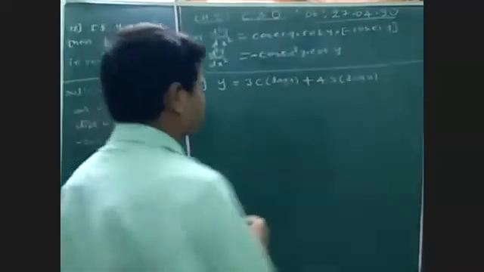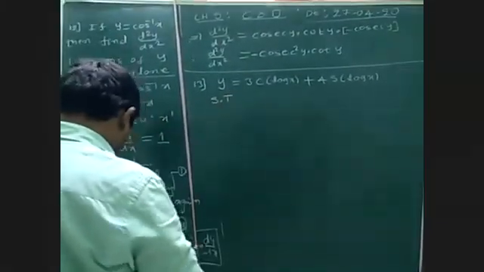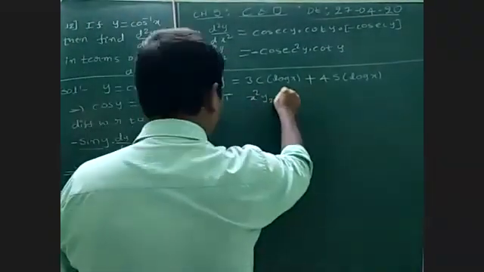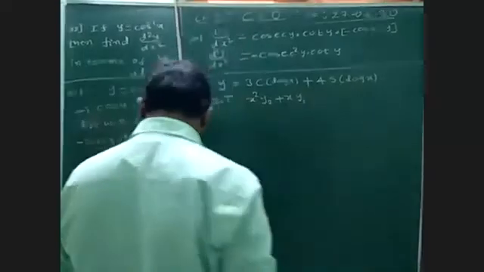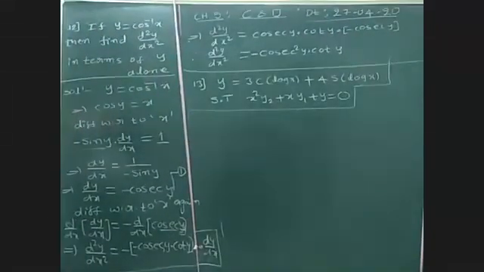Show that x square y2 plus x y1 plus y is equal to 0. This is the given question: 3 cos of log x plus 4 sin of log x.